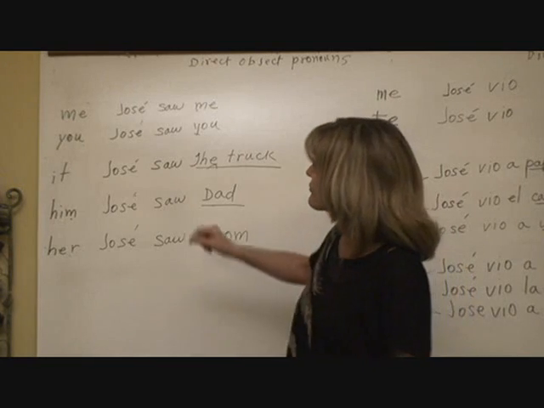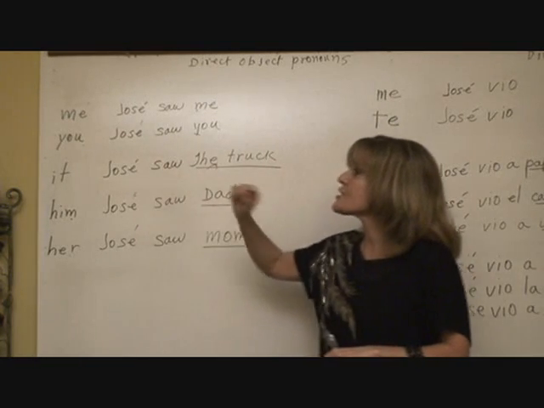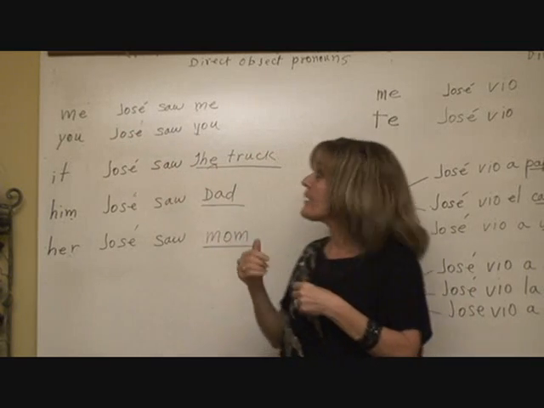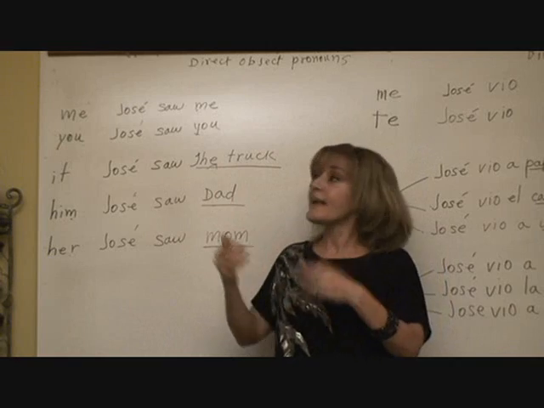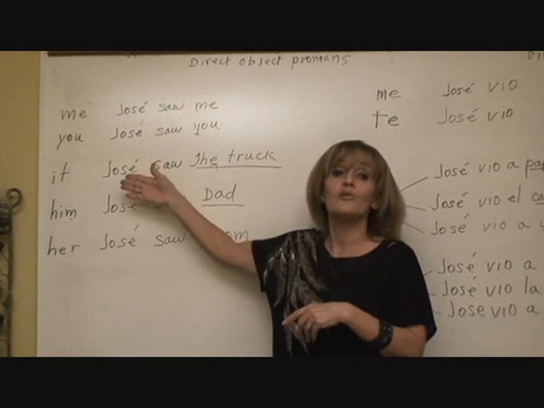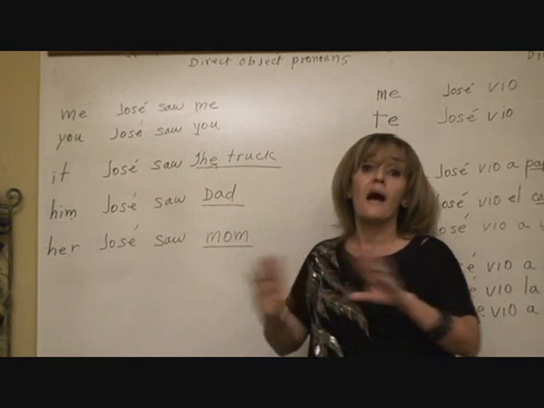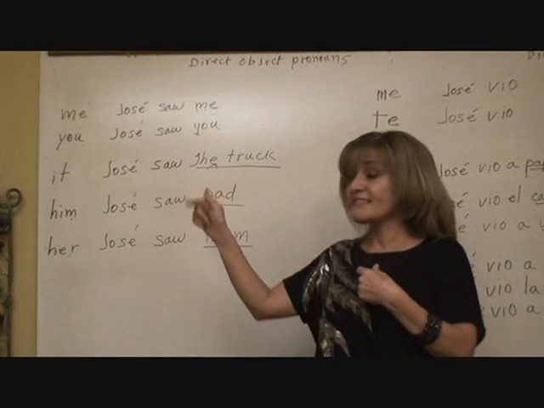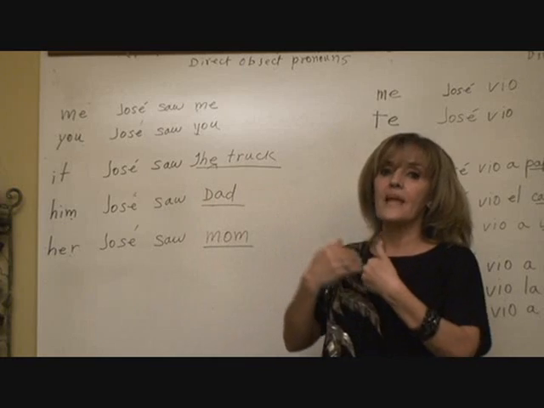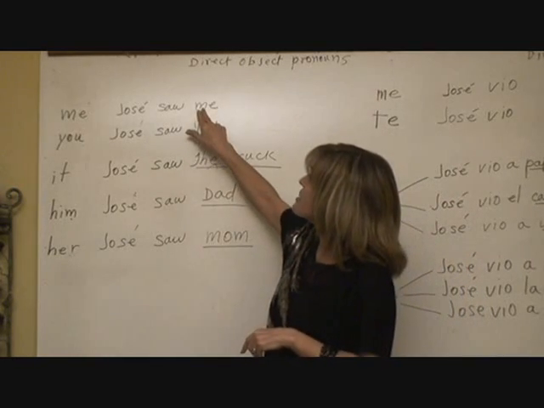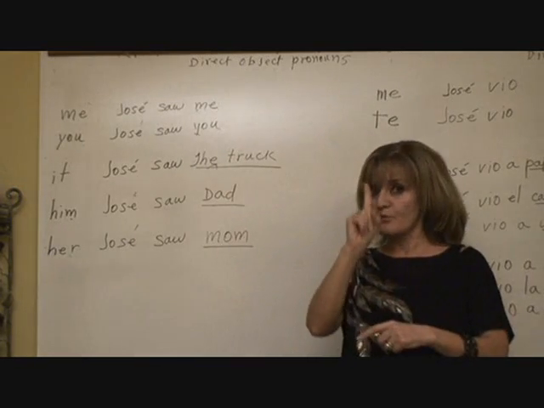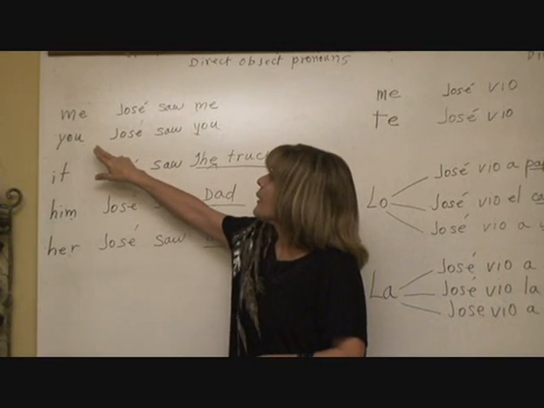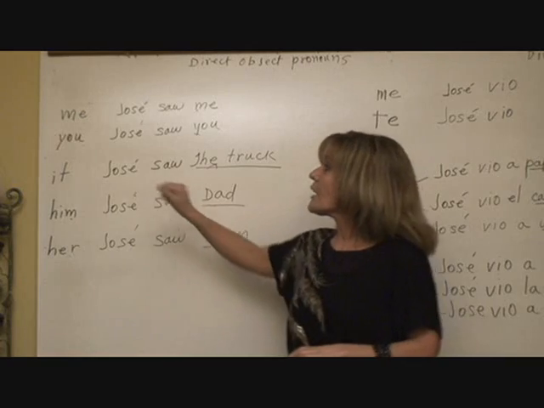Okay, let's go. In English, the direct object pronouns, the first one is me, M-E. For instance, Jose. I'm using the name Jose for my subject throughout this lesson. Jose saw me. Jose saw whom? Me. Me, the direct object pronoun for the first person singular, I. You is the next one.